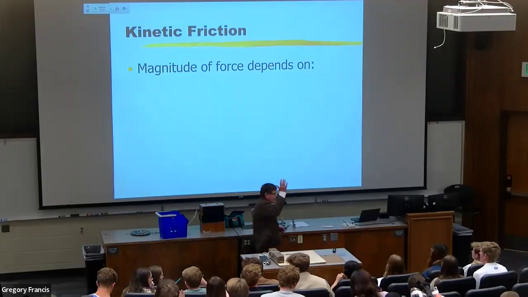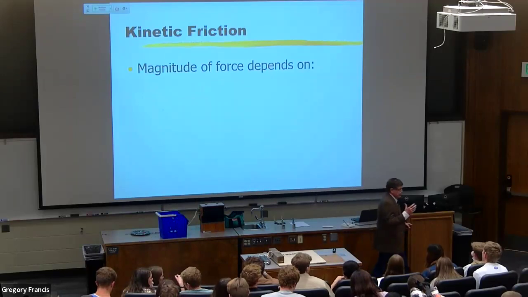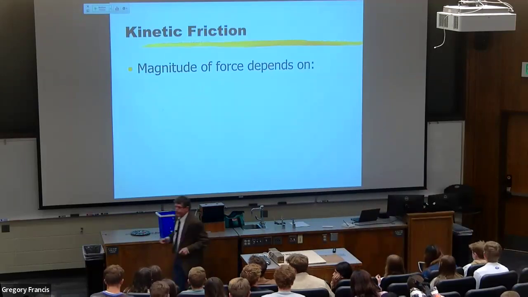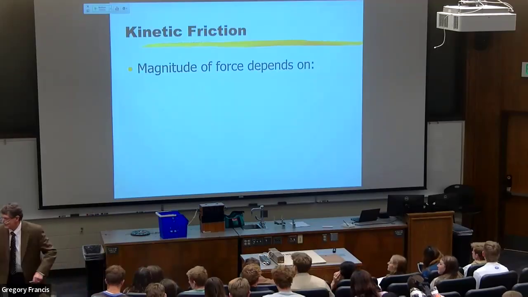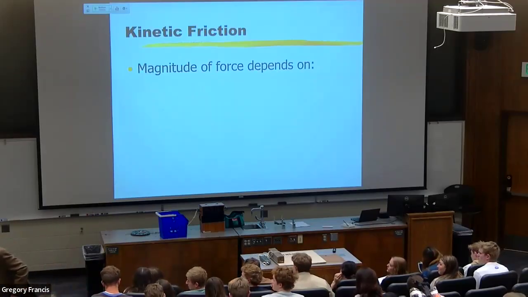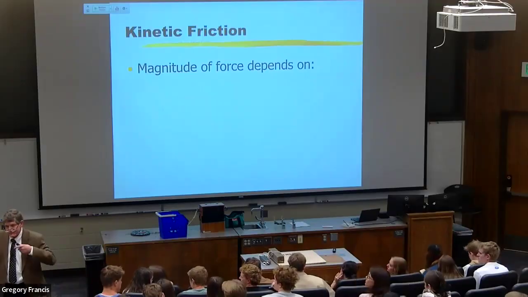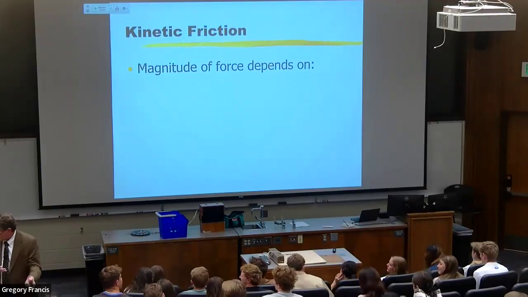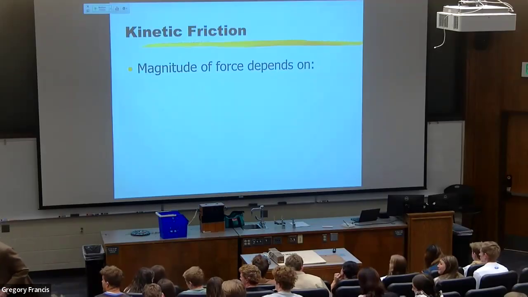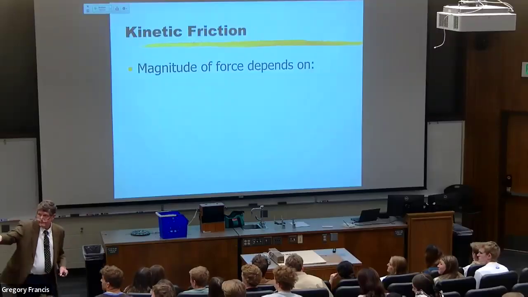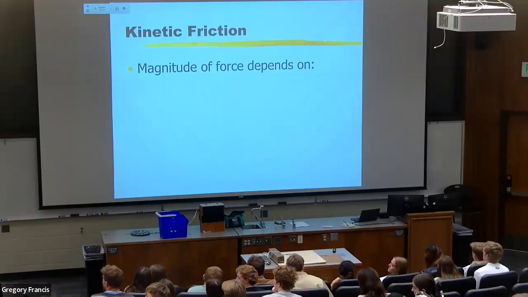Okay, brave soul, raise your hand and share. What's going to matter? Where are you, brave soul? There's a brave soul. What matters? Types of surfaces, whether they're rough, whether it's hockey puck on ice or sandpaper on wood. To just what the normal force is. What the normal force is, okay? What else? Say the weight or mass.